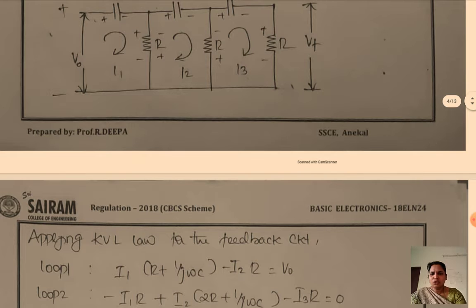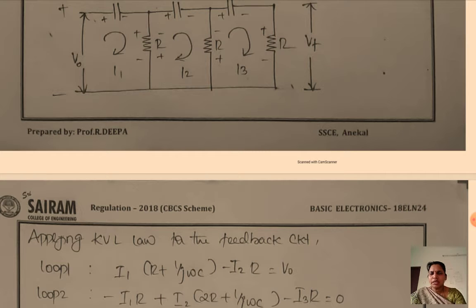And for loop 2, we can write the sum of the voltage across the capacitor plus resistance, and again another resistance. The first resistance carries I1 as well as I2.